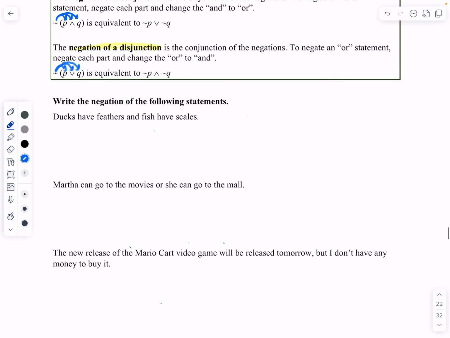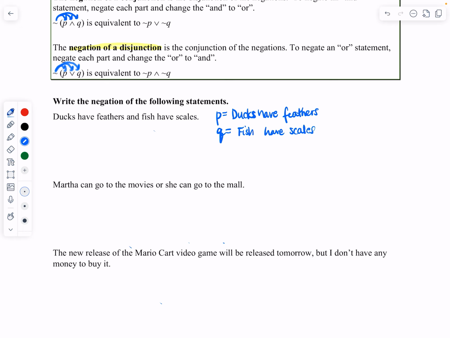This asks me to write the negation of the following statements. So we have to determine what is P and what is Q. Ducks have feathers and fish have scales. So let P equal ducks have feathers, and Q is fish have scales.